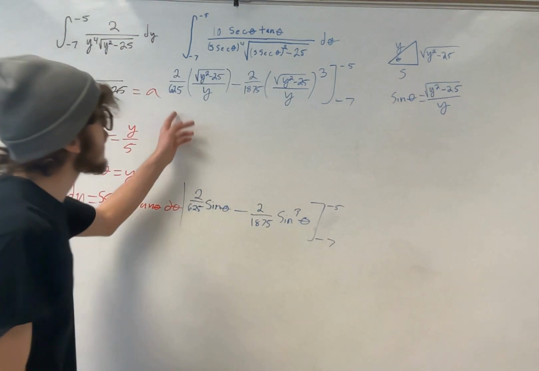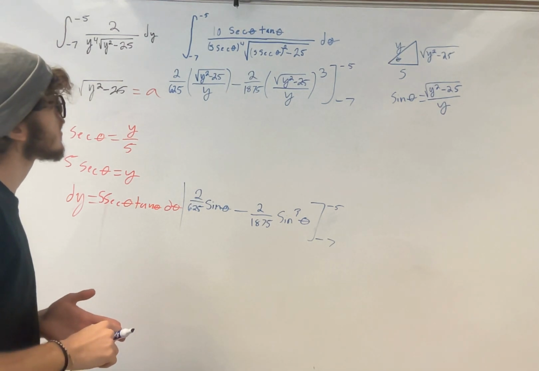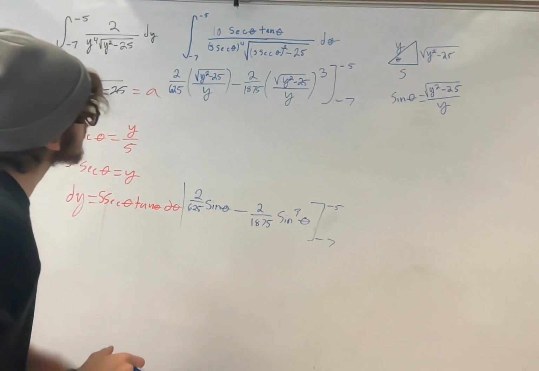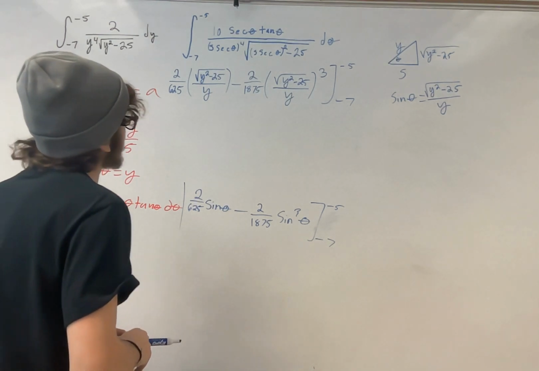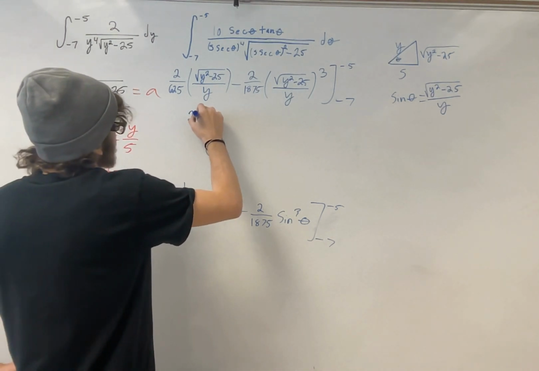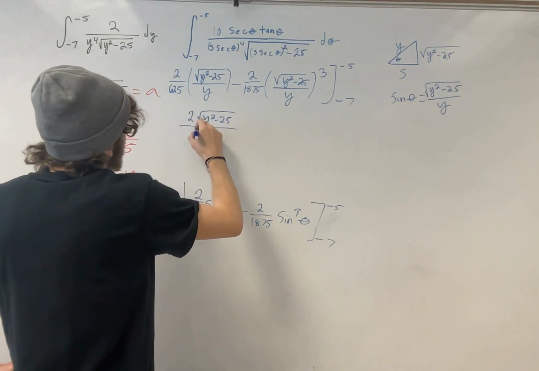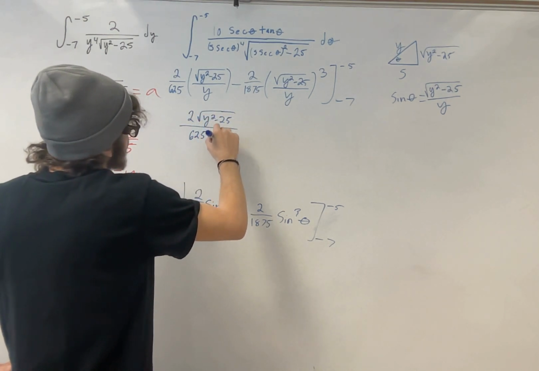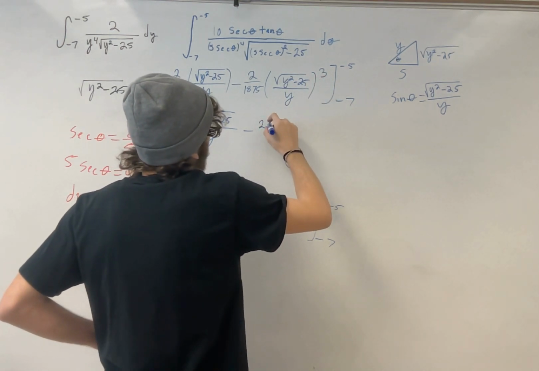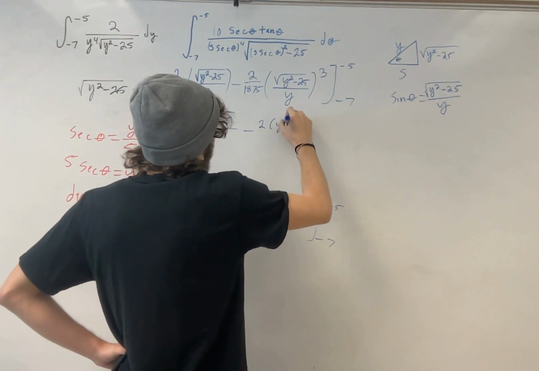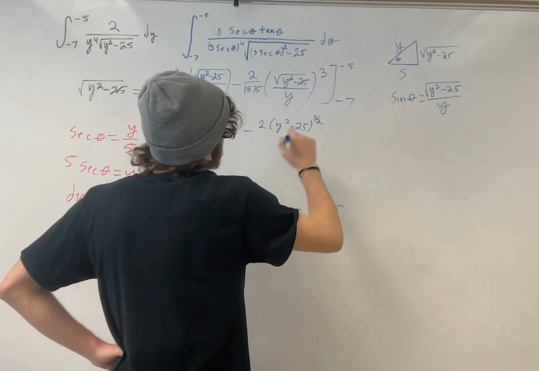Now you could go ahead and evaluate it just like this if you really wanted to. I'm going to go ahead and do just another simplification step just to make it a little bit nicer to look at. So I'm going to say that this is 2 square root y squared minus 25 over 625y. And I'm going to subtract this by 2 times y squared minus 25 to the 3 over 2.